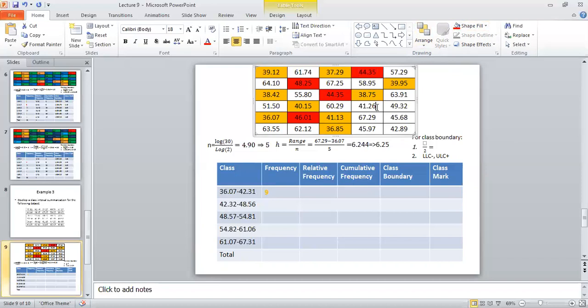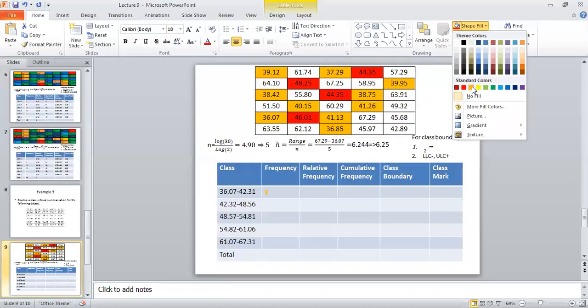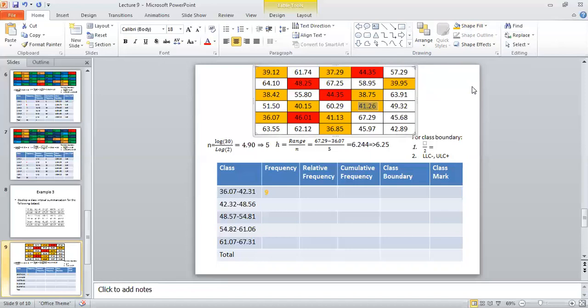See, there's another number which is not part of this interval but part of the previous one, and we missed it. So I'm going to mark it with yellow. So we see how we can make mistakes. It's also important to learn where we make mistakes so that we may not make them in future. So I'm increasing 9 to 10 because we missed another cell of this class. Coming back to the second class, 42 to 48.